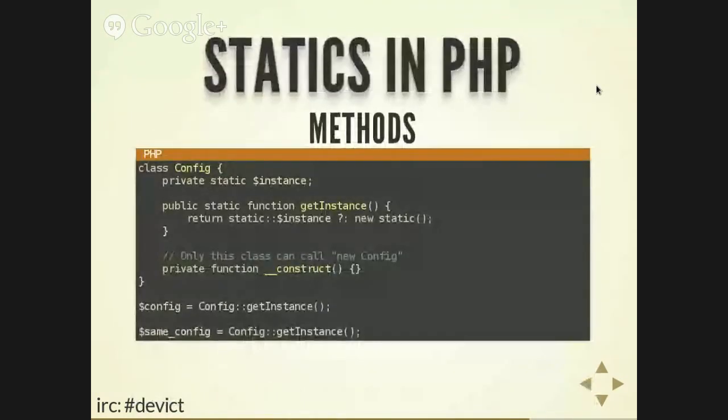Methods can also be static. This means I have a method that I can call, but not within the context of a particular developer, just in general. So here I'm moving away from funny examples and showing something practical again. This is what's referred to as the Singleton Pattern.